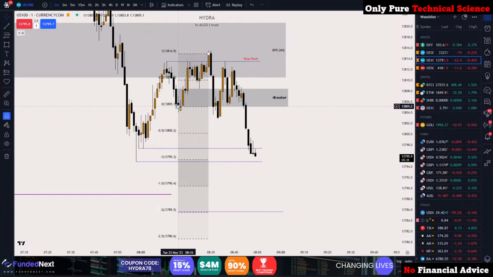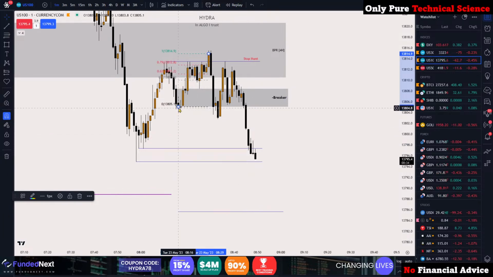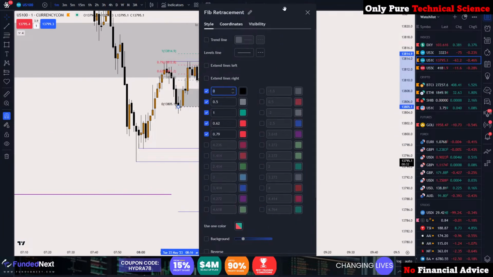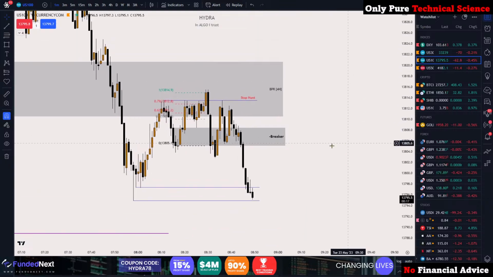That's my fib setting. If you want to see the fib setting of OTE, that's the setting. You can screenshot it. That's the whole business here. These levels 0.62 and 0.79, that's our optimal trade entry. Okay, how do I use it?